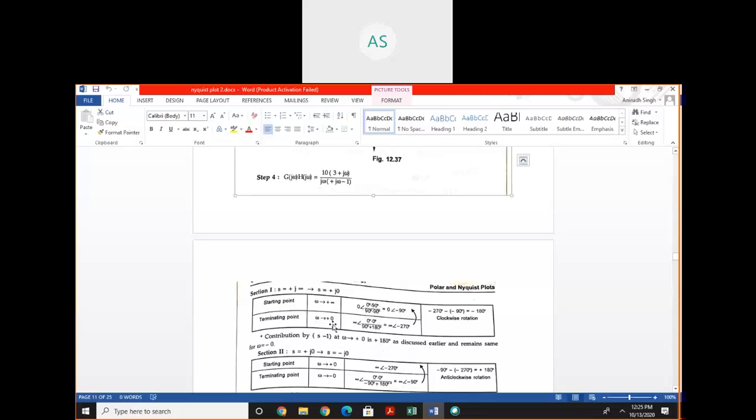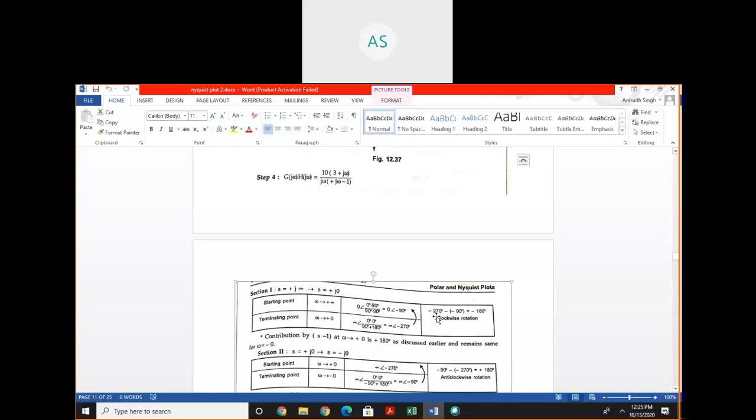And when omega tends to 0, here omega is 0, it means this 10 contributes 0 angle, this 3 contributes 0 angle, this j omega contributes 90 degree and s minus 1 factor contributes plus 180 degree when omega tends to plus 0. So we get infinite magnitude in this case and the angle contribution is minus 270.